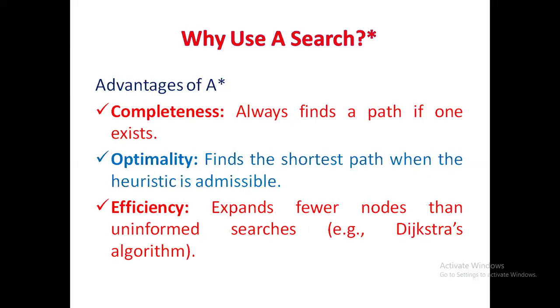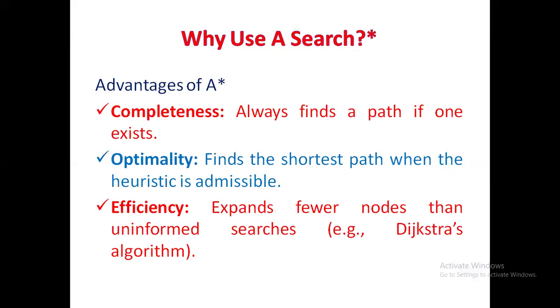Next, why do we use A star search? The advantages of A star search: A star is widely preferred because of its key advantages. The first one is completeness. It always finds a solution if one exists, making it reliable for pathfinding problems. The next advantage is optimality.